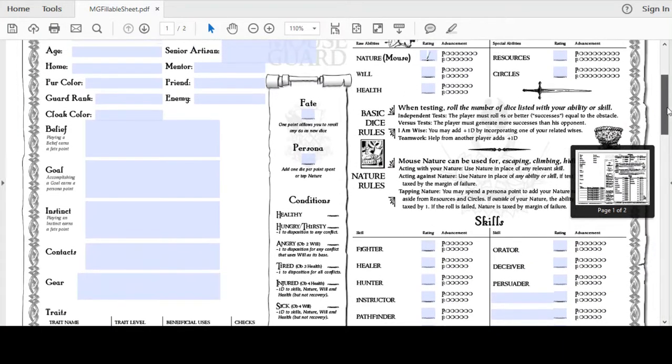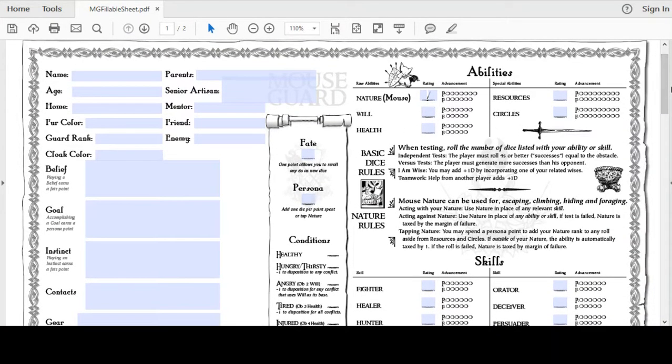In this particular video, all we're going to do is just come up with this stuff right here. Some of the stuff we're not going to be able to, but it all kind of goes together, but I'm going to try to break it up just to make it a little bit more simple. As I said in the introduction video, when you create a character, Mouseguard is all about your background, where you came from, what area you were born in, who your parents were, what they did for a living, who trained you, and what your personality is.